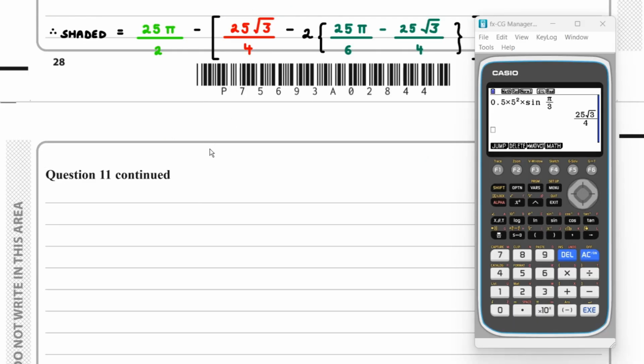So let's work this out. Well, we have over here negative 25 over 4, subtract 2 multiplied by negative 25 over 4, and we multiply this by root 3.